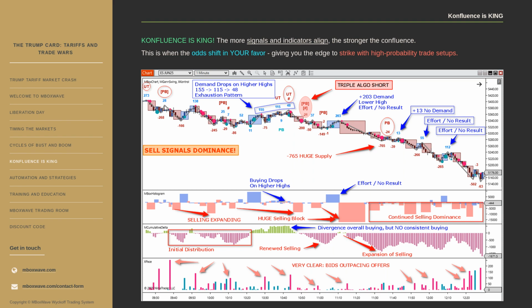So the overall indicators, MBoxWave, expose high probability setups to enter, and then also guide you while you're in the trade. So say you're in a short position, you see here in the MBox histogram continued selling dominance, right? It's a very clear picture here.